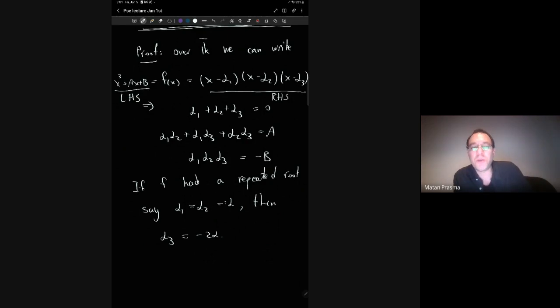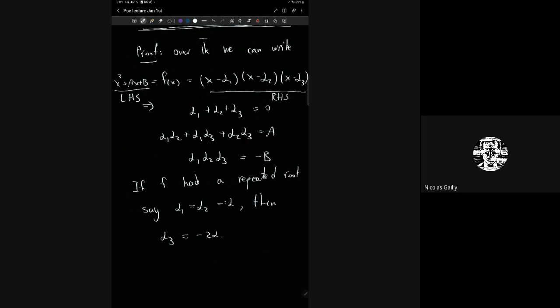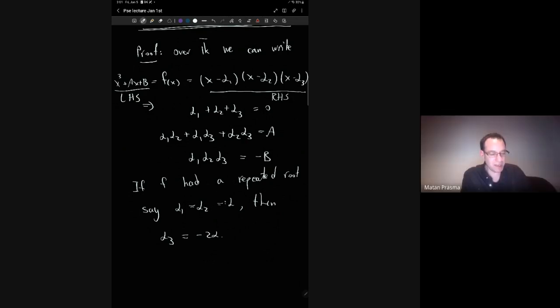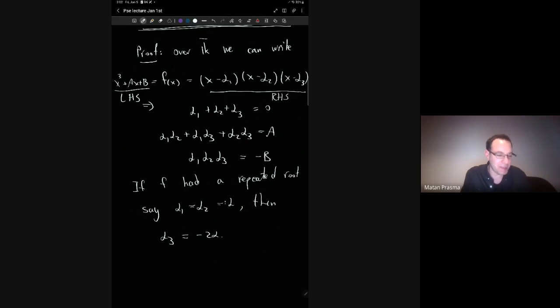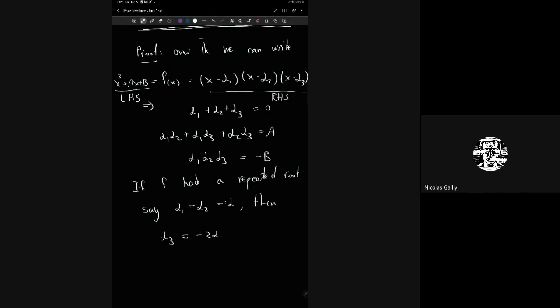Equation of two polynomials means that the coefficients of all the monomials are equal. Because there's no x squared term, the coefficient must be equal to 0. Yes, exactly. I'm a bit short on time, so I'm skipping it, but it's straightforward.